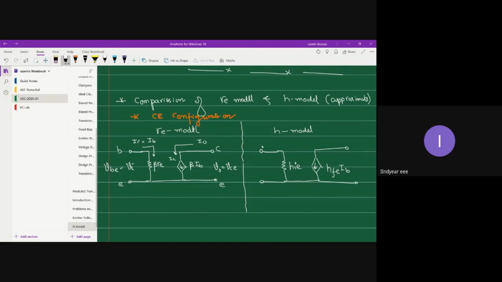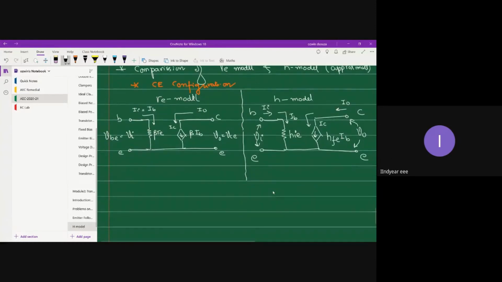The input and output port terminology will not change. Base is input, emitter is common, collector is output, and emitter is common. This is your output, and this is your input. Once again, this is your II, and II itself is IB. This is your I0, which itself is your IC.